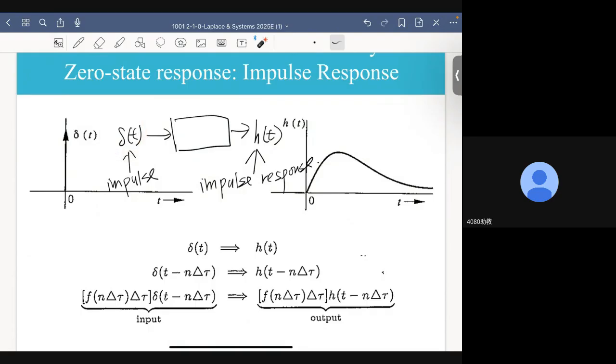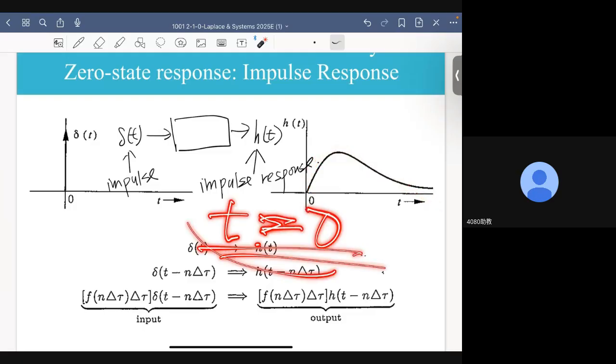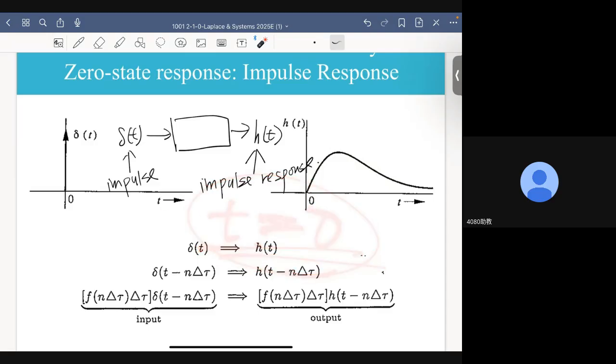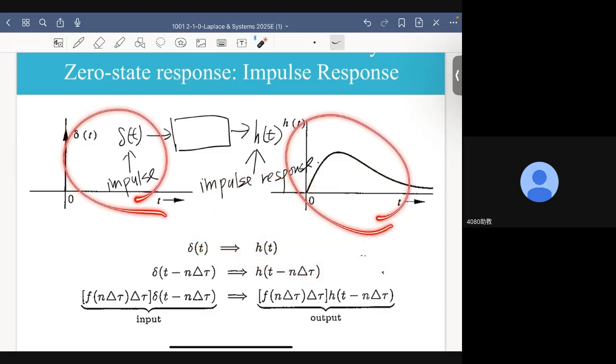If we are dealing with a real physical system, which is always a causal system, then the impulse response, no matter what it looks like, will only have value after t equal to 0, because this is the cause, this is the effect.